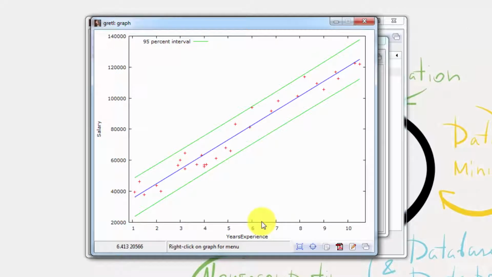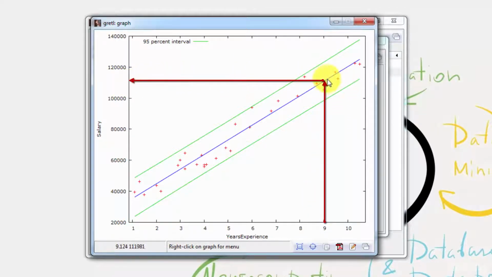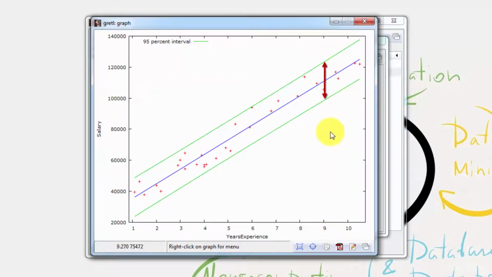So basically, if you take 9 years of experience, then using this blue line, you can predict where the salary for 9 years of experience will be. And what the confidence interval is telling us is that there's a 95% chance that that salary will actually be somewhere between these two green lines on this vertical 9-year line.